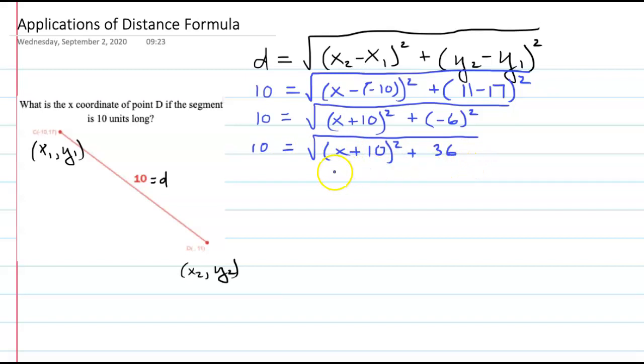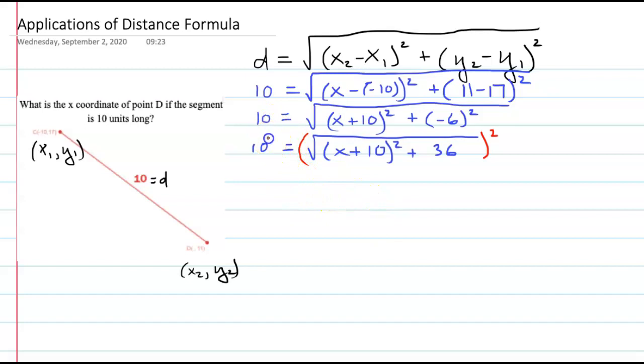But to solve this radical equation, we need to get rid of the square root on this side. As long as I do the same thing to both sides of the equation, they will still be equal to each other. So in order to undo the square root, I'm going to square that object. Those are inverse operations. If I take the square root of 4, which is 2, well, if I square 2, that's going to undo that.